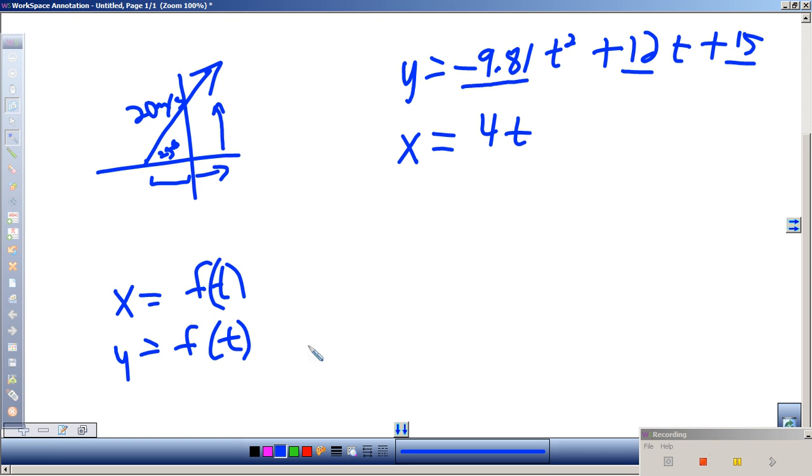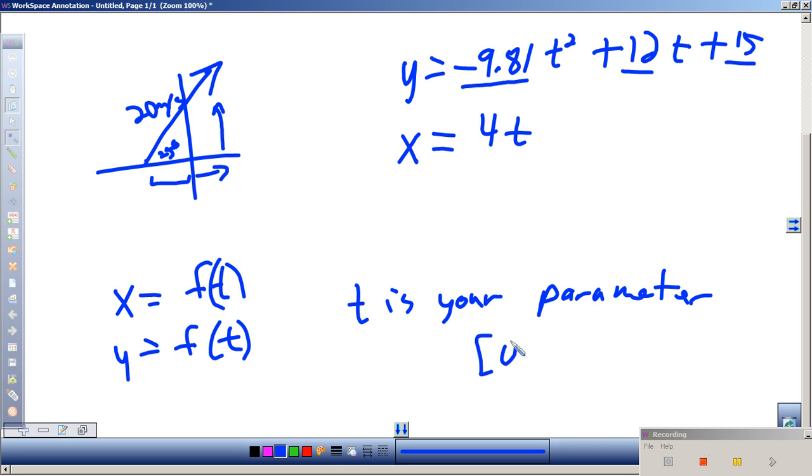Each one of them has its own equation, where t is your parameter. And often we want to put a restriction on the parameter, say maybe t goes from 0 to 15.